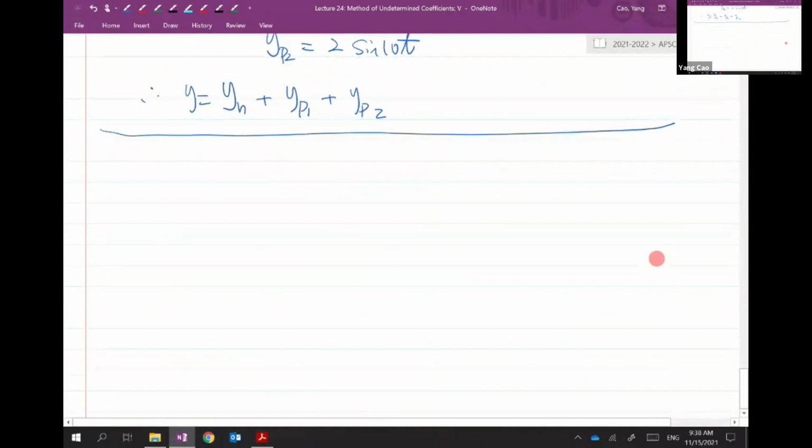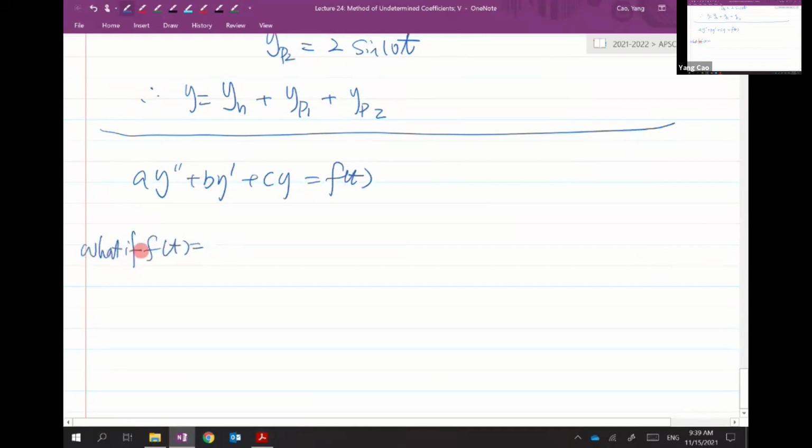Now, to go ahead, I remember there was a question asked by a previous student. So for example, right? Let's say AY double prime plus BY prime plus CY equal to F of t, okay? So the student said, what if F of t equals, for example, 1 over t?